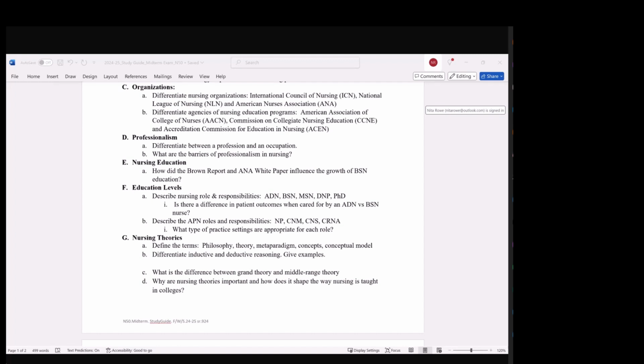Okay. Someone define philosophy. A set of beliefs about the nature of how the world works. Okay? So I will give you terms, and you need to know what these terms are. Okay?